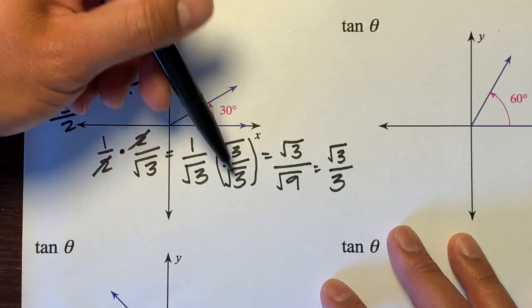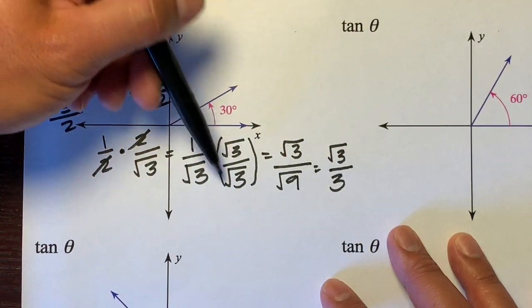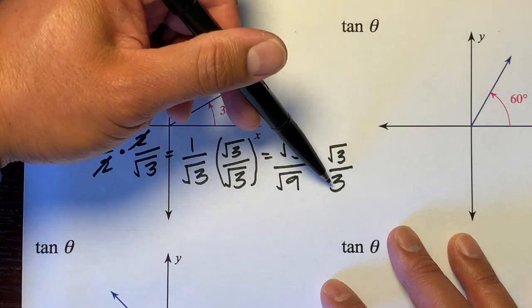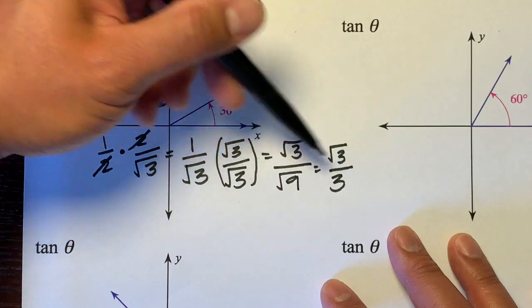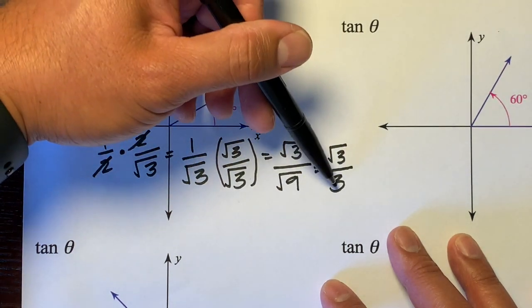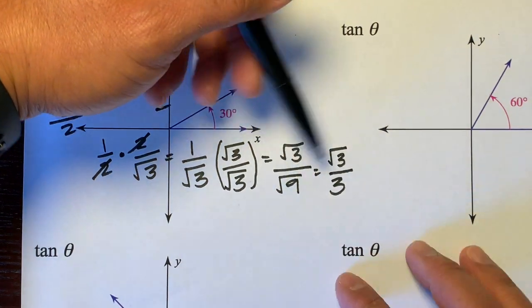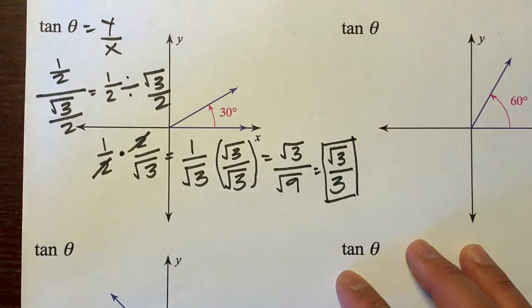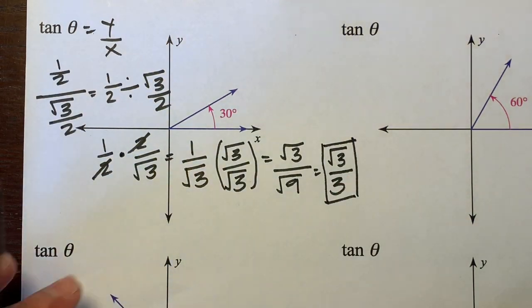So by multiplying this by this 1, this weird looking 1, we were able to get rid of the radical in the denominator. So this is still the same value as this. It's just the radical has disappeared or has been taken away from the denominator. So there is our final answer.